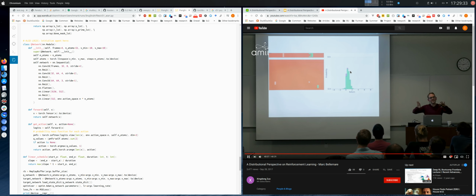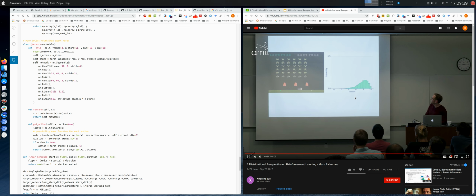As you can see, at this point of the game, the agent is expecting the return to be sort of medium. And then over here, he's talking about how if one of the enemies gets to the ground, then you lose.